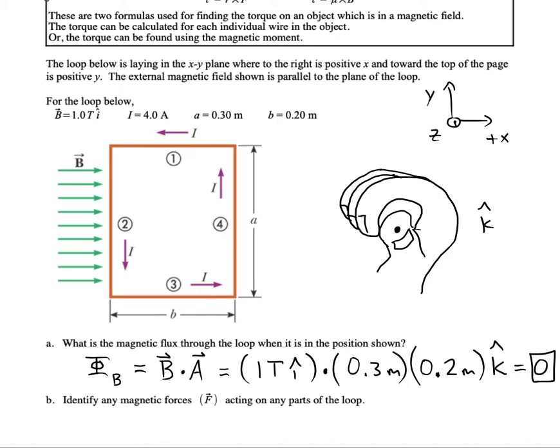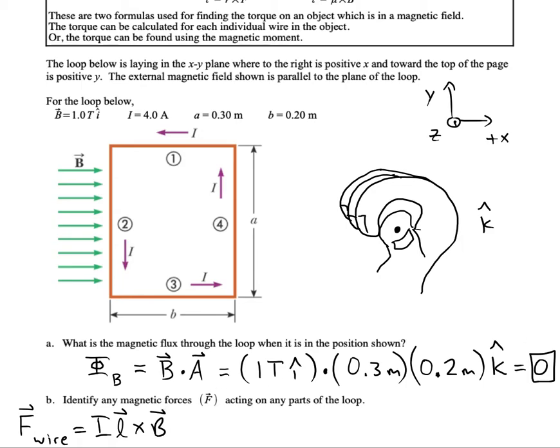With number 1, the current is in the opposite direction of B. Now we have a formula for force on a wire. The formula is force equals I times L crossed with B.